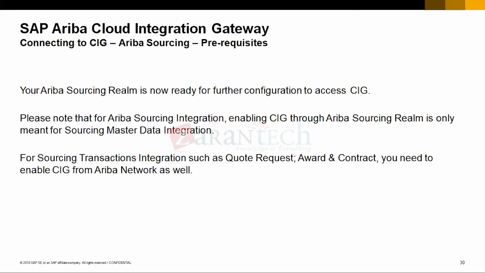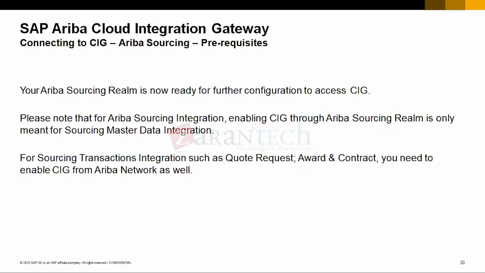So now, from the Ariba shared service team's point of view, they will say your Ariba system is now ready for further processing, further configuration for the CIG. Whatever different setup you require, you can perform. But before that, you also have to enable the CIG. They have enabled the CIG at the backend, but the CIG enablement is still not done completely. We also have to enable the CIG.